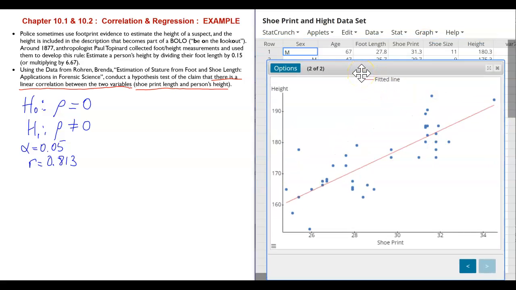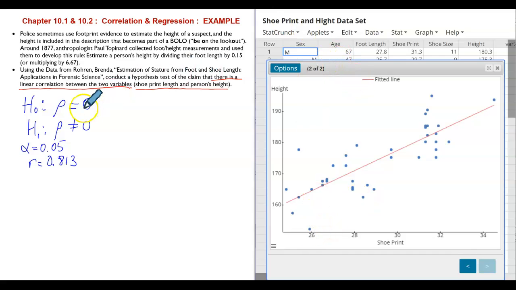Second requirement, visual examination of the scatter plot must confirm that the points approximate a straight line pattern, which they are. And the third requirement is that there are no outliers. Well, there might be a few outliers, maybe here, but this outlier will not affect the results. Or we can recalculate it without this data value.